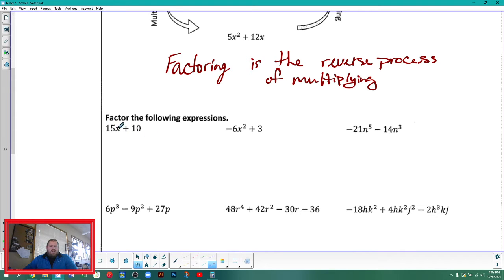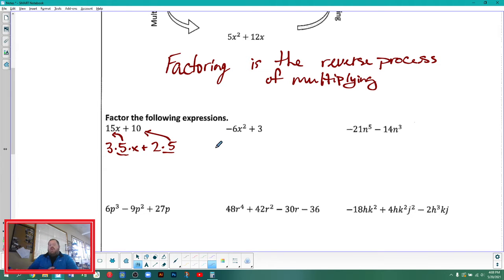When I look at this, I notice that 15x, I can think of that as 3 times 5 times x. And then I can think of 10 as 2 times 5. I notice that both of those have a factor being multiplied together of 5. And so I can pull that 5 out in front. That's what I'm going to do to factor it out.